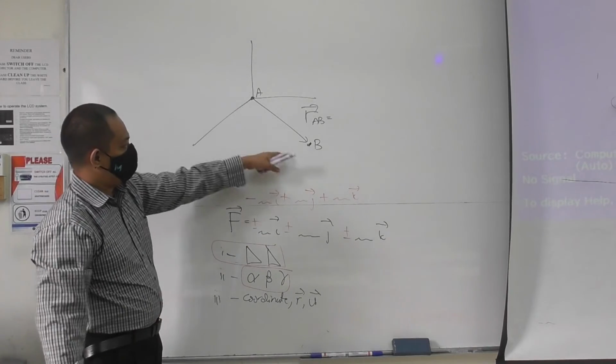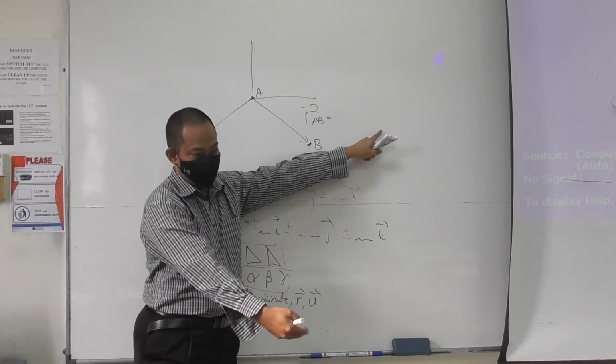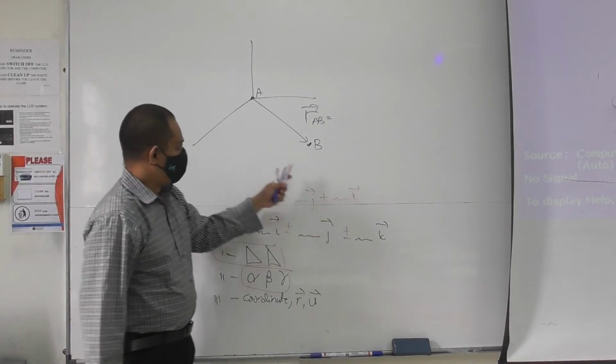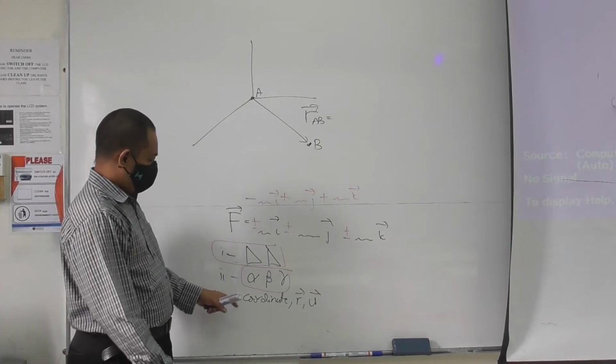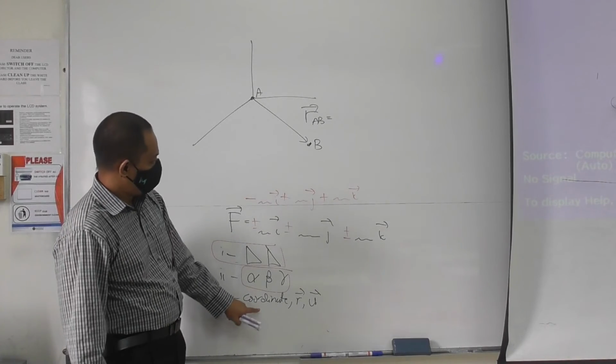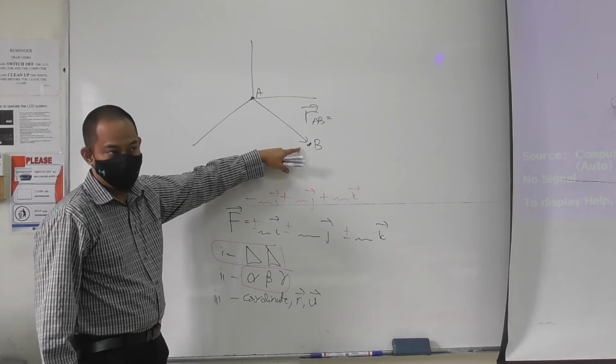So if it's going down, obviously the z component is already negative, because a negative coordinate minus the positive one. So if you use coordinates, r and u and so on, the unit vector, positive and negative will automatically be in there as well, because it is based on the coordinates, right?